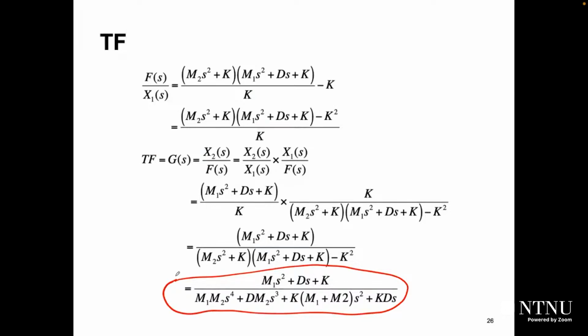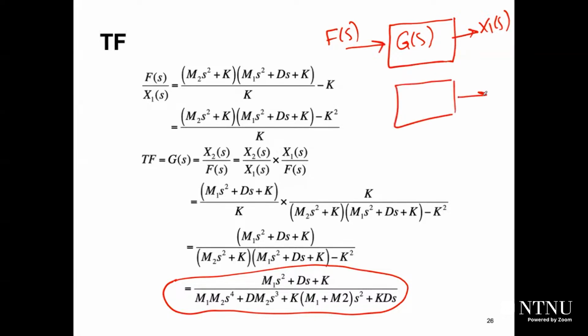And just remember, this is a transfer function for a single input, single output. If we need to draw the block diagram of my system, when the input is F of S, we want to control x1 of S. Because we've got this transfer function, I will call it G of S. But if you changed your mind, and instead of controlling x1 of S, you need now to control x2 of S, what will happen?